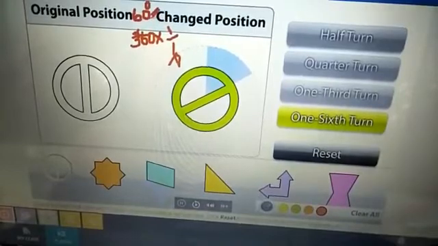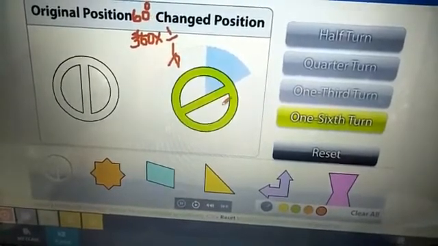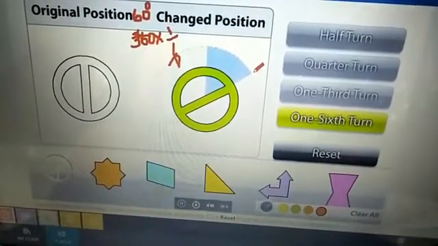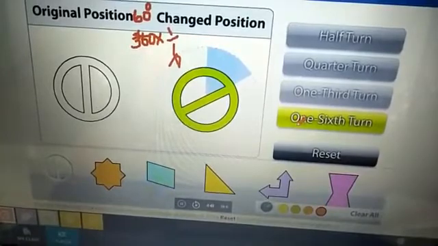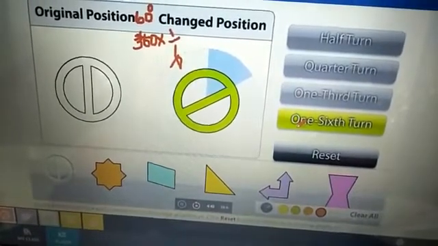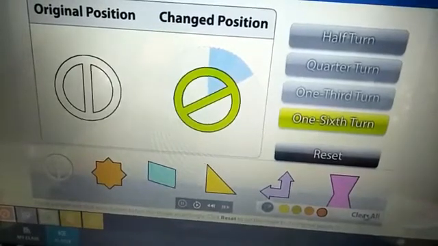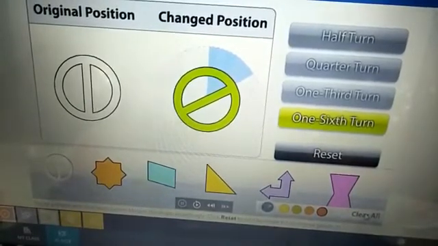I put the 0 here. So I get 60 degree. So that means from 0 to 60 degree is nothing but 1/6 turn. The same rotation we have to see in the next figure children. Listen carefully.